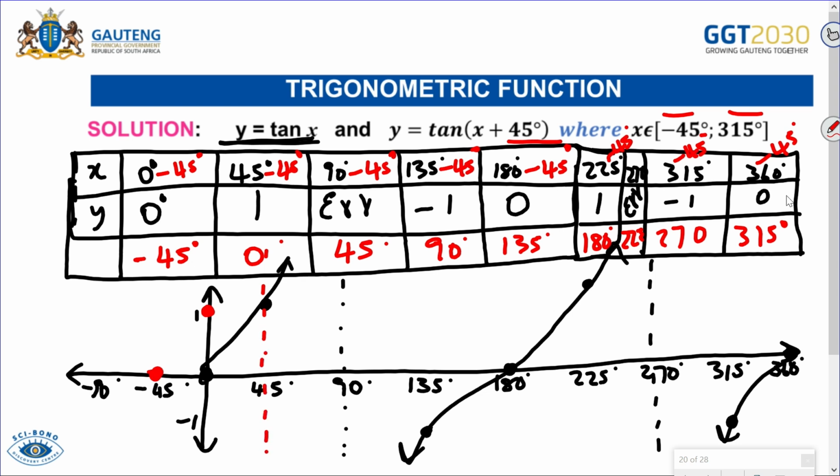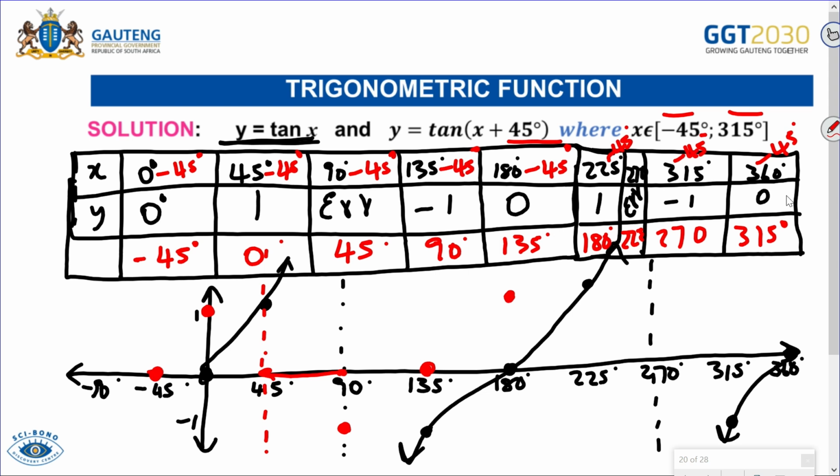Your asymptote is no longer at 90, but now it is shifted to 45, right? At 90 degrees, you'll have negative 1, so it's going to be somewhere here. And then at 135, you'll have 0. And then at 180, you'll have positive 1, so it's going to be somewhere up there.